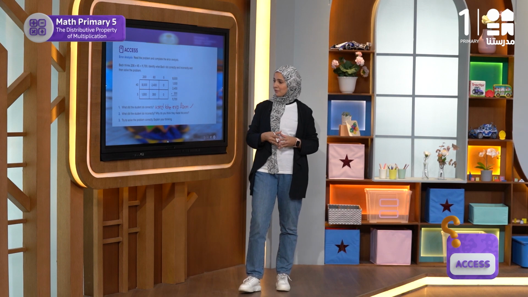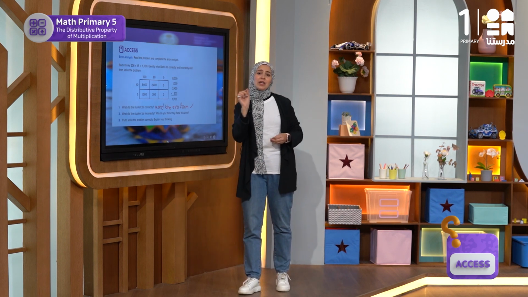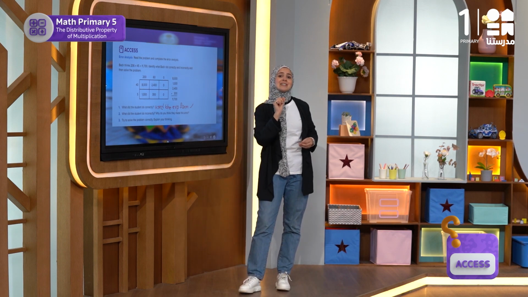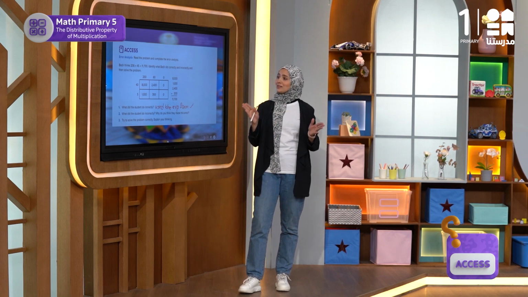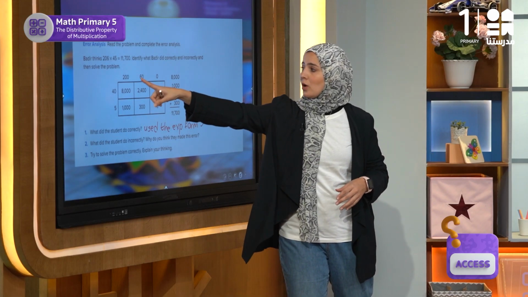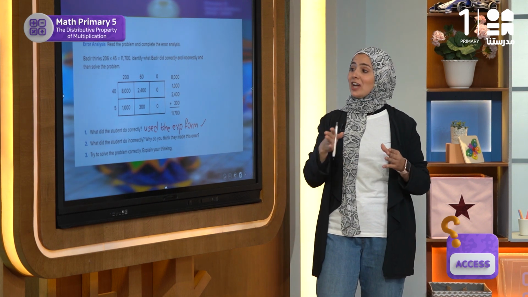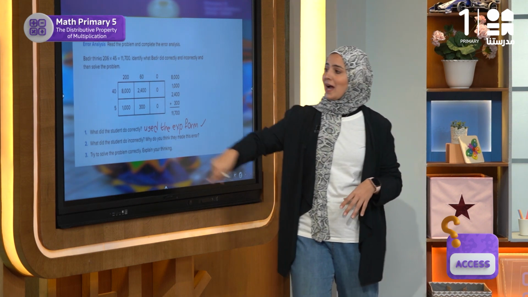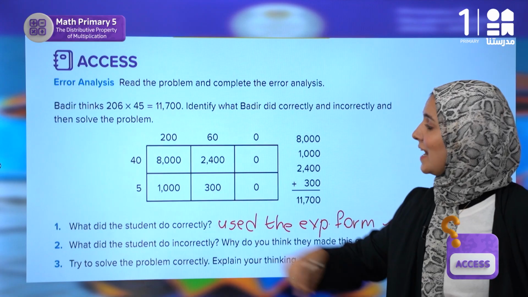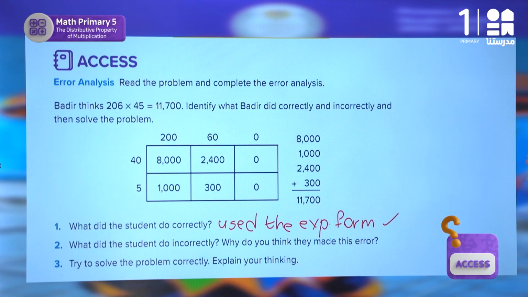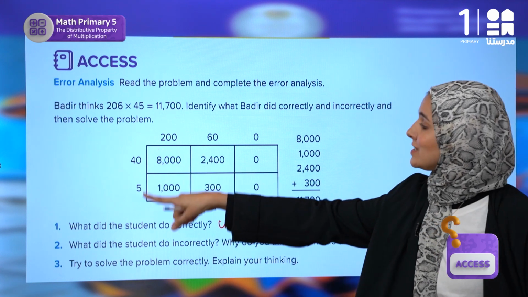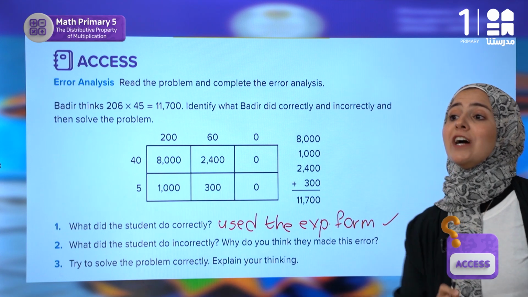What do we have? When he wrote the number 206 in the model, what did he do? He wrote 200 and then 60 and then 0. But let's check the other number. What do we have? We have 45 written as 40 and 5. So what do we see? We see that he wrote the number 45 in the expanded form correctly.